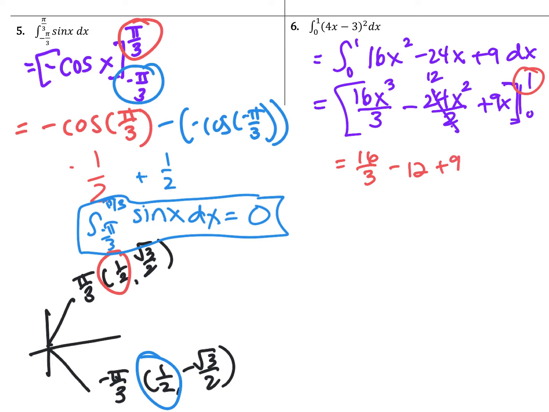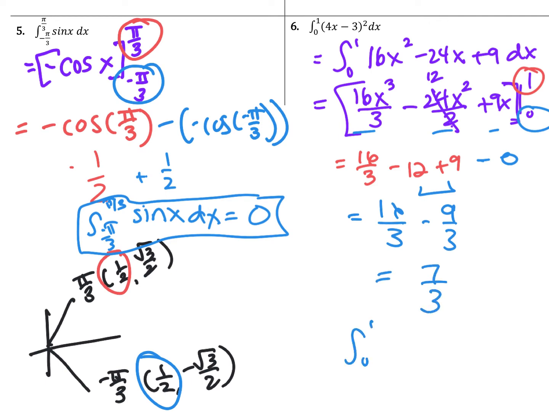If I plug in 0, each of these terms is going to be 0. So now I really just need to simplify this, which is going to be 16 over 3. If I combine these, I get negative 3, so minus 9 over 3 is the same thing, which is going to give me 7 over 3. So the integral from 0 to 1 of (4x minus 3) quantity squared dx equals 7 over 3.